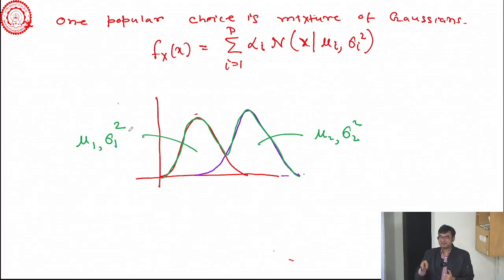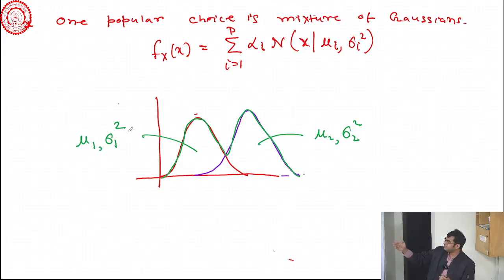One is, what is the weightage of a component? That is controlled by alpha of that component. What is the location of the peak? That is the mode, and mode and mean coincide for this distribution. So that is controlled by mu i. And then what is the spread, is it very small or very large? That is controlled by the variance.